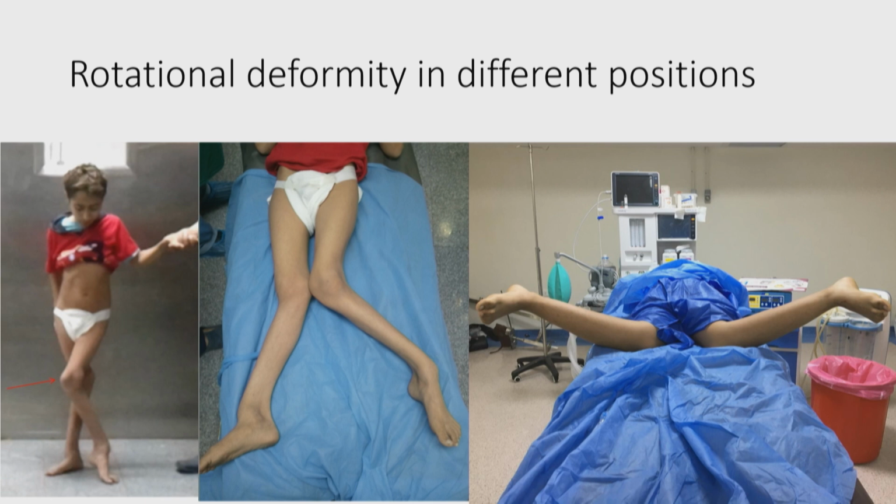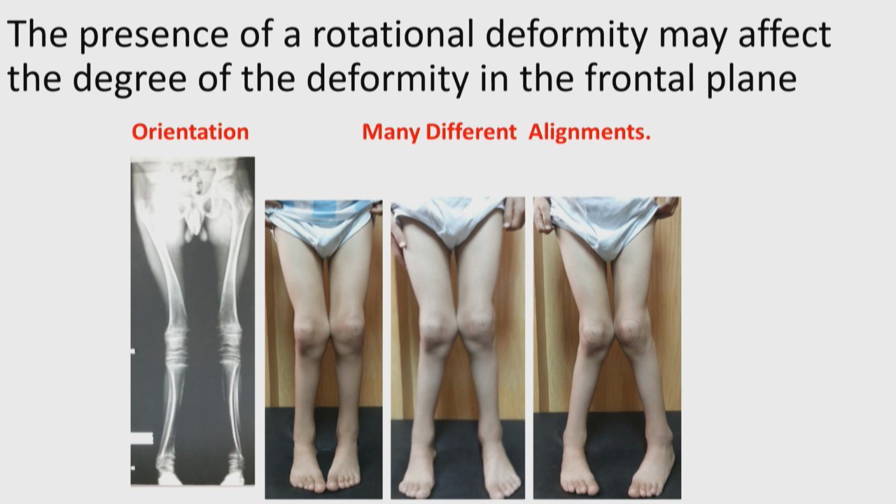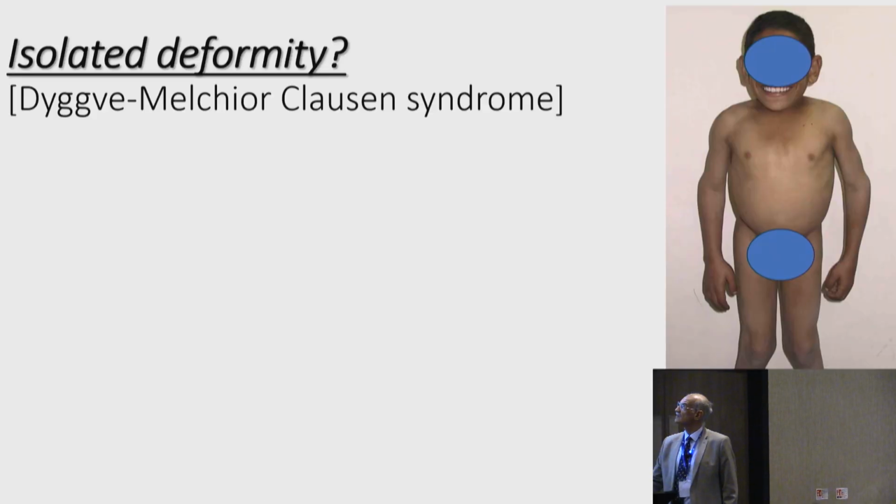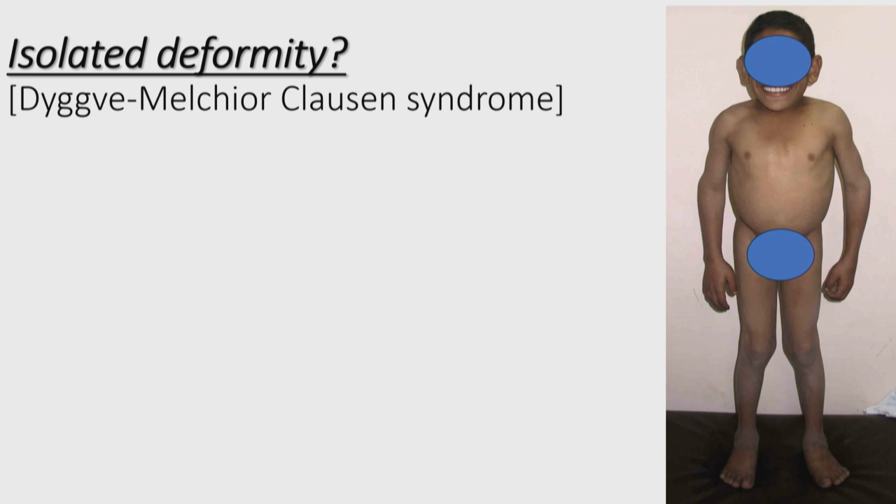So you can see the rotational deformity in different positions. And the coronal plane with different degrees of rotation, it's different. And this is why it is difficult to assess. In this patient, you see the rotational deformity, but you have valgus, you have other problems. This is Digeorge-Melchior-Clausen syndrome.